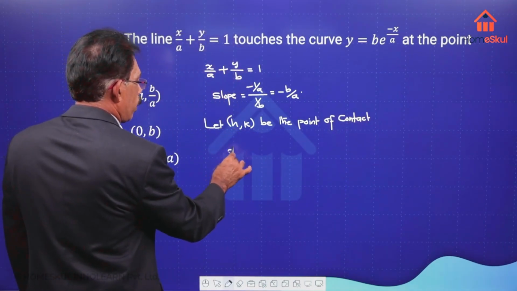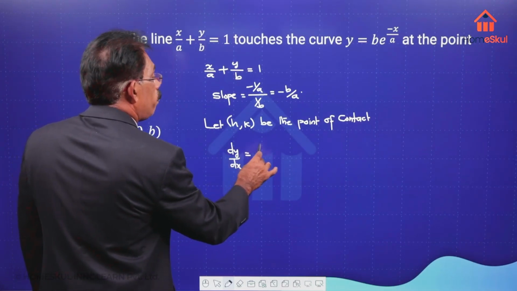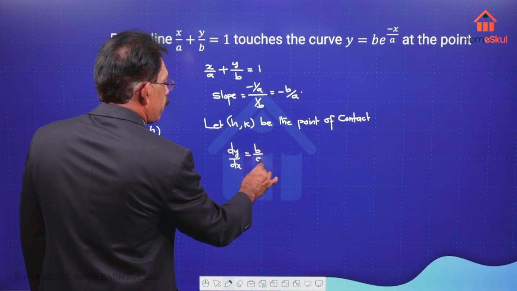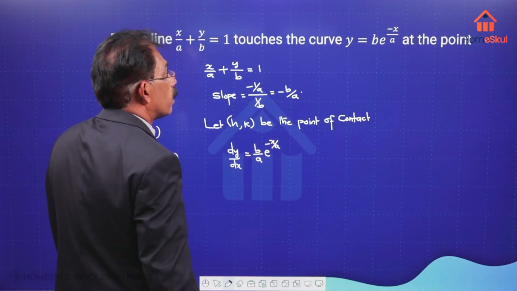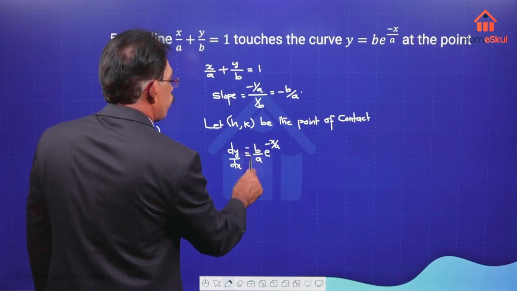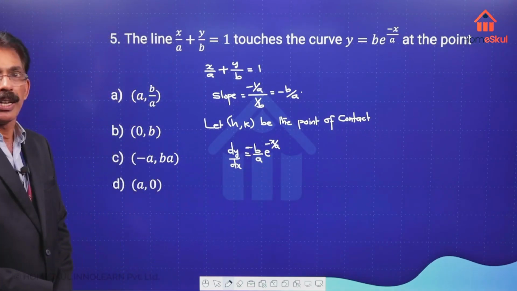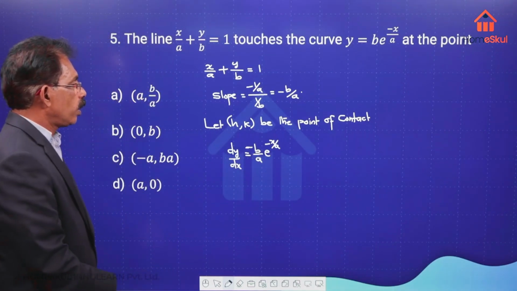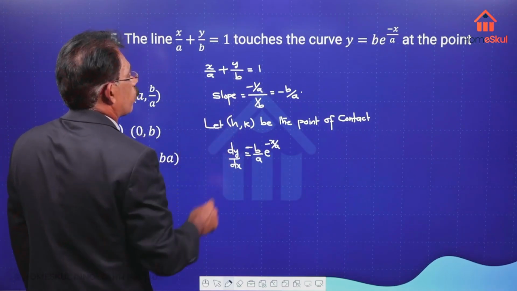Dy by dx here. Dy by dx is equal to what? Dy by dx is equal to minus b by a into e raised to minus x by a, isn't it? So look, the line touches the curve.